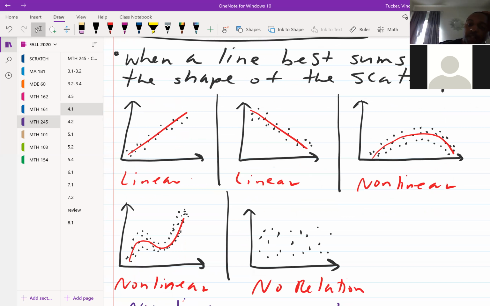So the fact that it's not linear does not mean it does not have a relation, basically a pattern to it. You see in the third one, there's an arc. And then in that fourth one, there's more like a wave. So there is a pattern going on, it's just not linear. The linear needs to be a line.